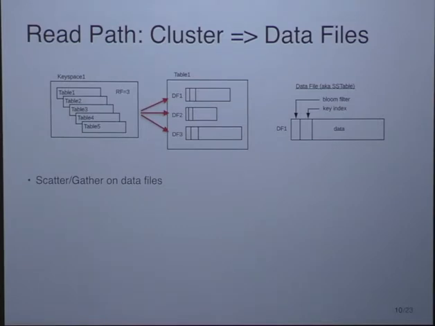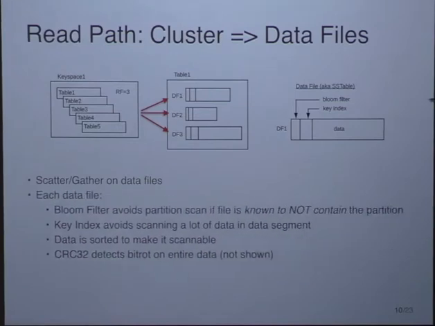The Bloom filter is a compressed data structure that can answer definitively no or probably. And so it basically tries to read all the data files every time for every read. And the Bloom filter is what prevents further scanning if the record isn't in that data file.